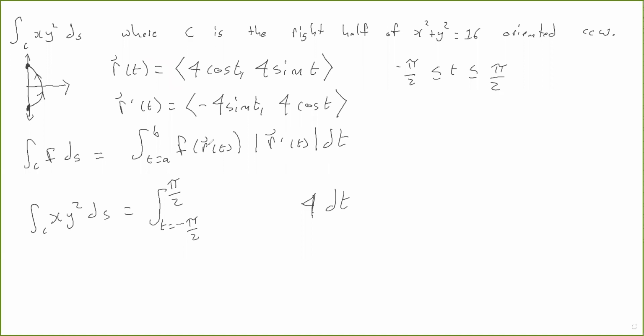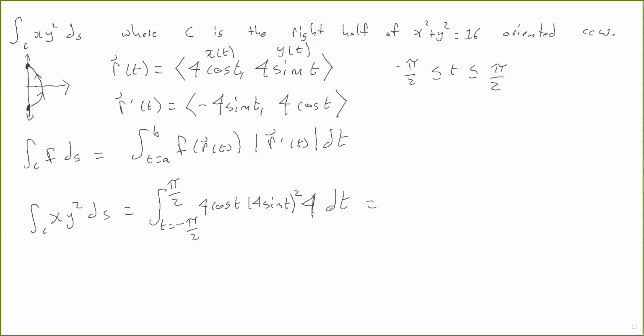And now to compute f evaluated at r of t, just remember that this is the x of t function, and this is the y of t function. So my f of x, y is x times y squared. So wherever I see an x, I'm going to put my expression for x of t. Wherever I see a y, I'm going to put my expression for y of t. So this is going to be 4 cosine t times 4 sine t squared.